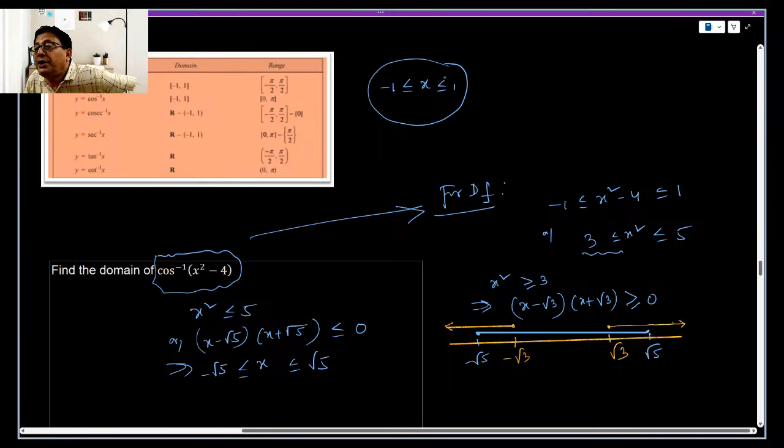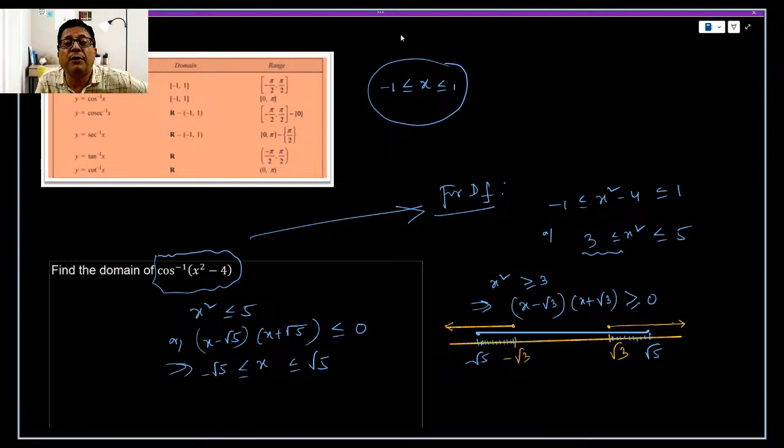So both of these will be satisfied simultaneously. That will be the value of x, isn't it? So you can see the common region over there. This part is going to be the common region, this part and this part. So union of those two will be the values of x.